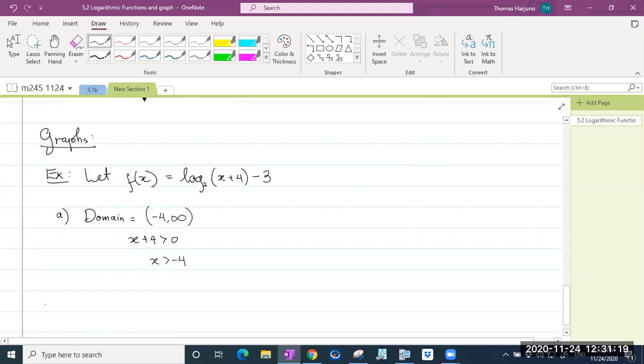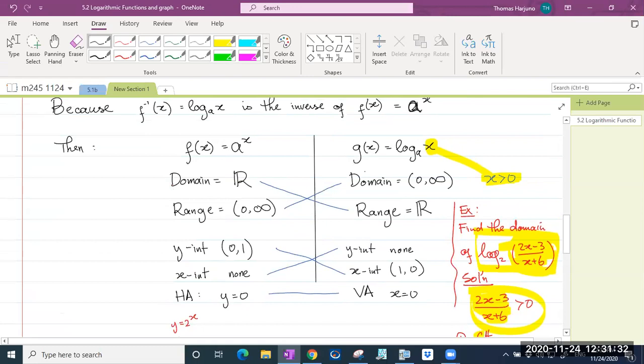How about the range? The range for the logarithmic form is already known. Once the range is all real numbers, however you move it left, right, up, down, or upside down, it will still be all real numbers.